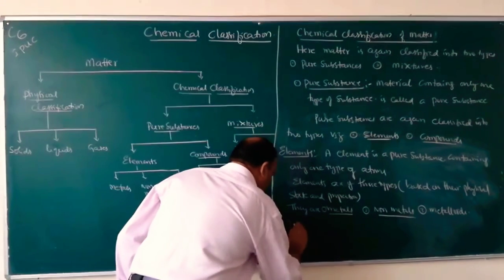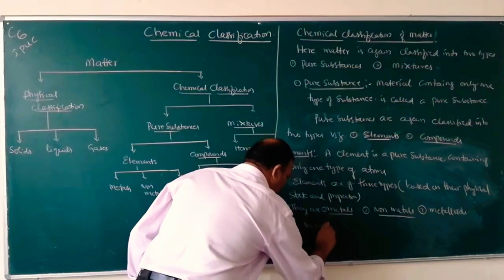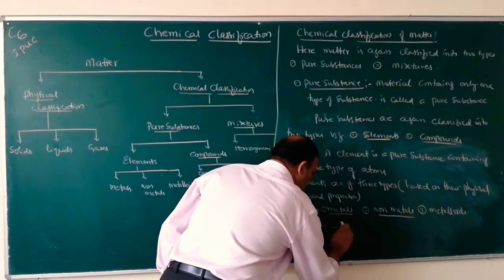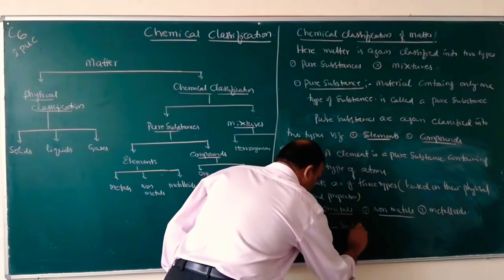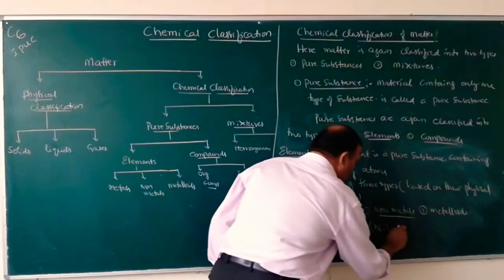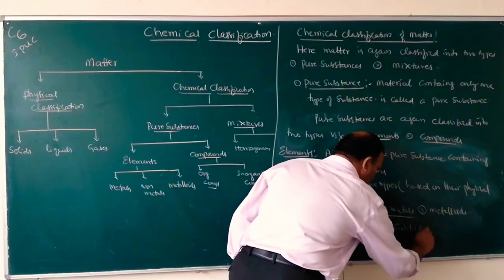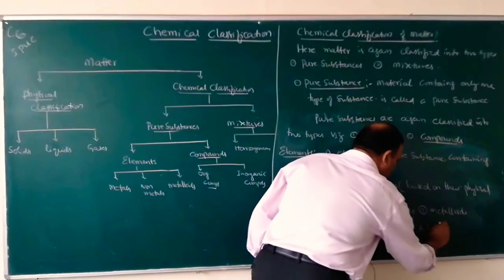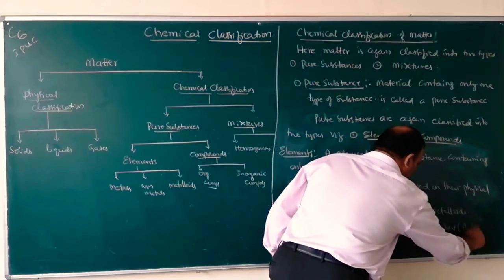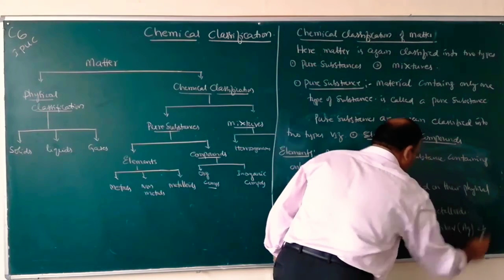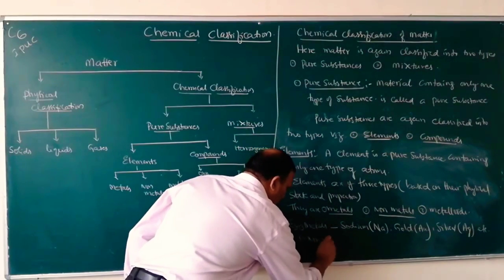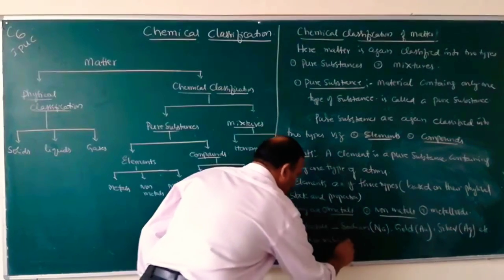So examples for metals, namely sodium, its formula is Na; gold, its formula is Au; silver, its formula is Ag, etc. And number 2, non-metals.